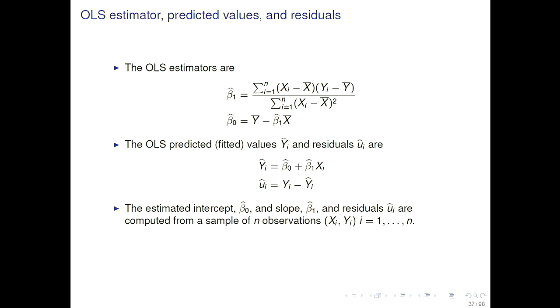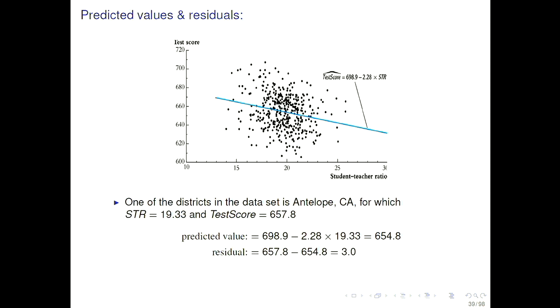Okay? All right. Everything with a hat can be computed from our sample. That is important. Using this, we want to estimate the unknown population parameters beta naught and beta 1. So we have data, and using the data, we estimate the population regression line. Our estimated regression line looks like this.